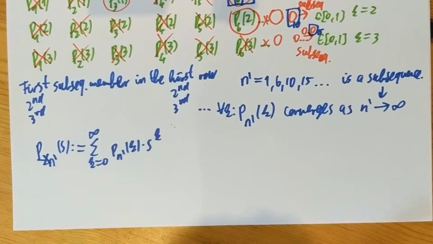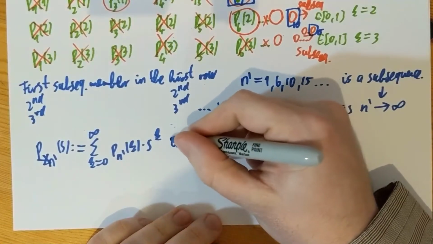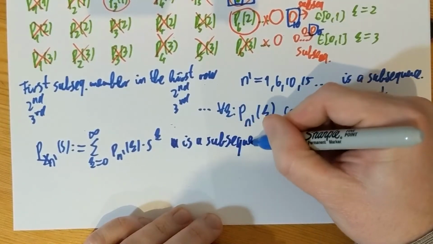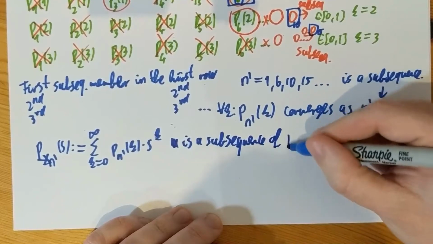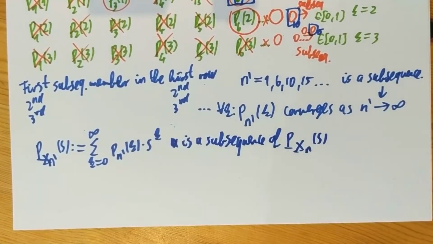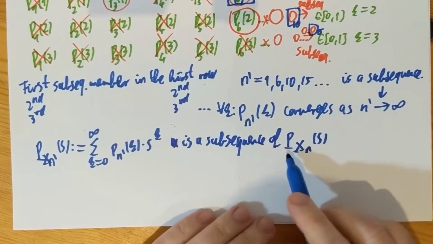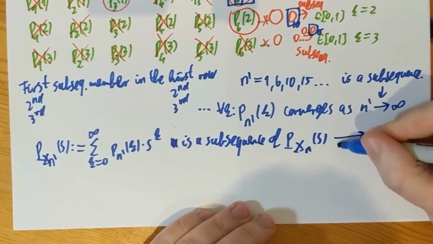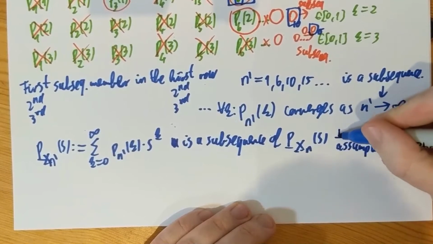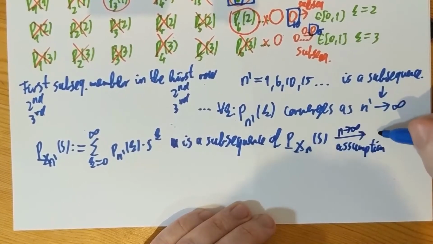Okay. However, this thing is a subsequence of p x n, the original generating functions, because n prime is a subsequence of n. And this thing converges because, by assumption, p x n of s converges to p of s.